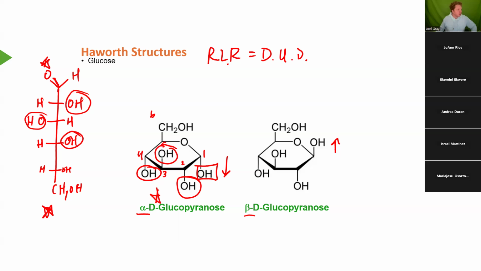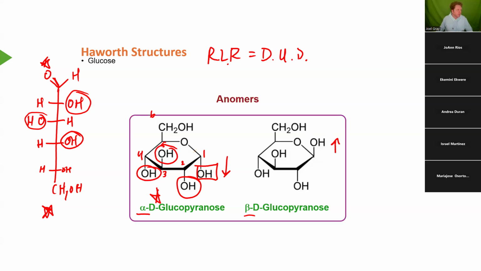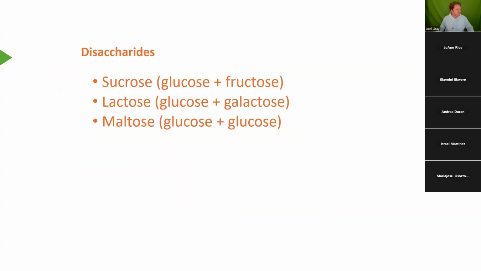Okay. So now what we've got is we've got our beta form of cyclic or ringed glucose or alpha form. These two different sugars are referred to as anomers of one another. That's how they're related to one another. Now, those are all monosaccharides. Here, what we have are examples of disaccharides.